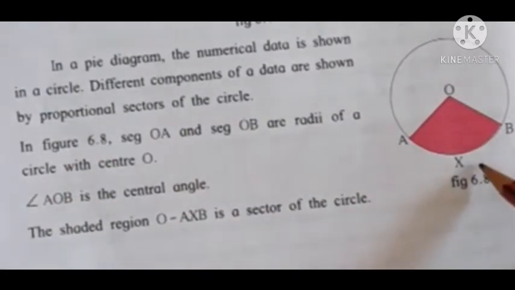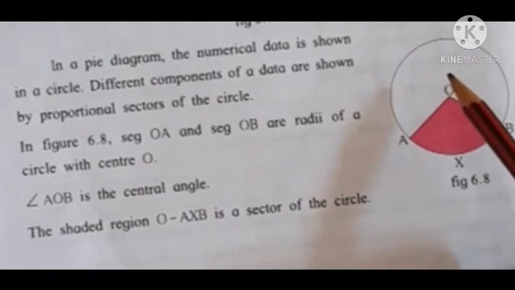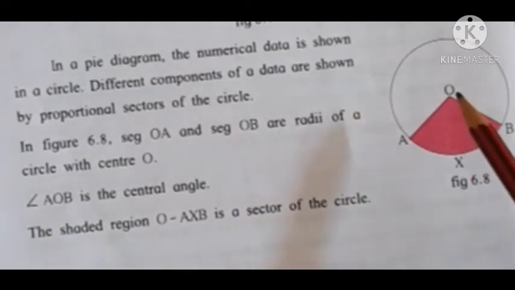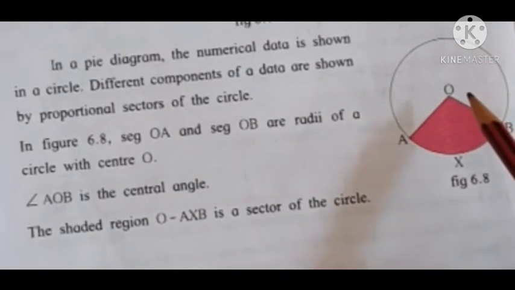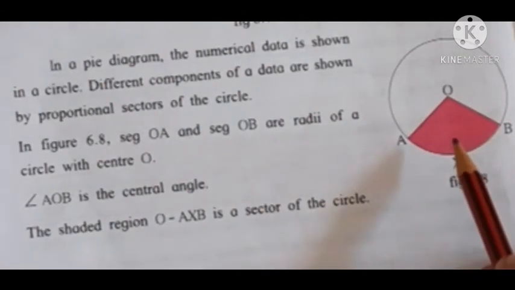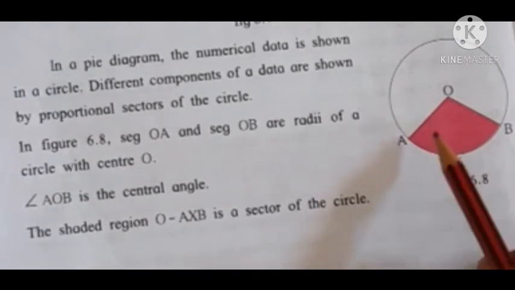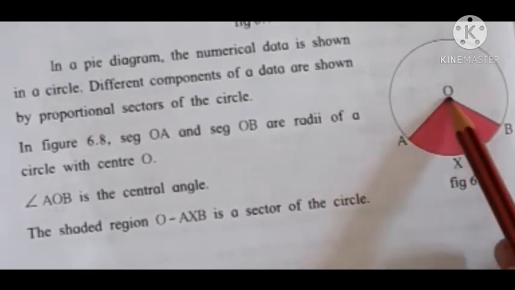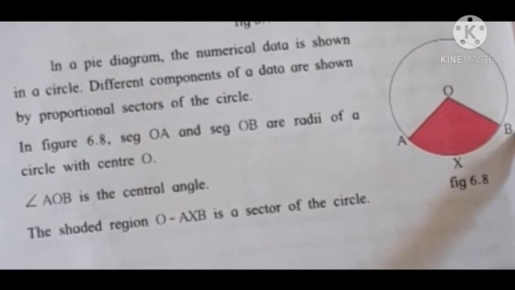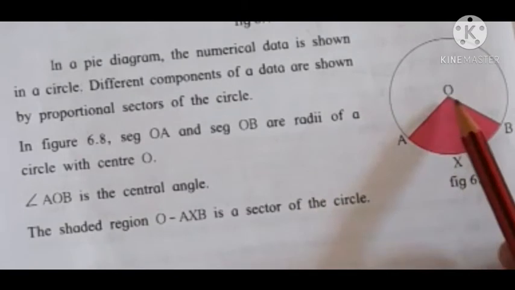Now see this figure. What is a pie diagram? A pie diagram is a diagram in which numerical data is shown in a circle, so we call it a pie diagram. Different components of the data are shown by sectors. See in the figure, here OA and OB are radii of the same circle with center O. Angle AOB is the central angle here.